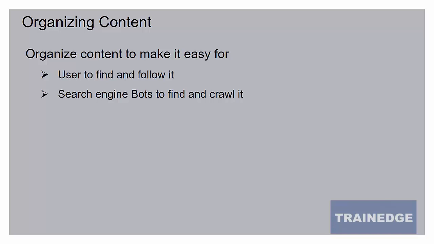The bots come to the home page, they find page A from the home page, then from page A, they find the link to page B and go and crawl it. So this is about being able to find. Being able to follow is the on-page structure, having nice and clear headlines, organizing content into different sections and subsections, using images where needed, and so on and so forth.